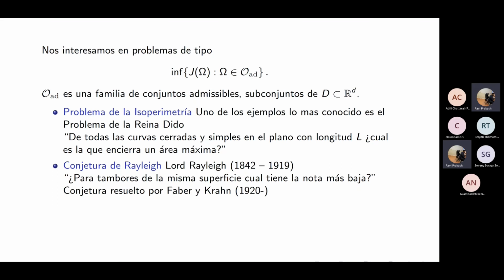And if you want more motivation, then one has to look at engineering problems where you want to have the best aerodynamic shape of some wing, or hydrodynamic shape of a ship hull. So many of the problems can be formulated as shape optimization problems.